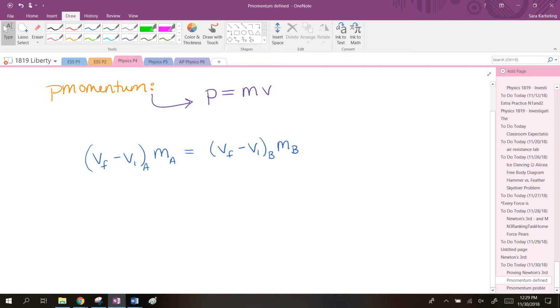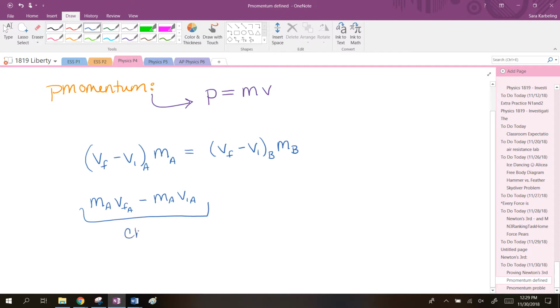Here I've got mass times the change in velocity. Are you with me there? Okay. So this is really saying like the mass times the final velocity minus the mass times the initial velocity.